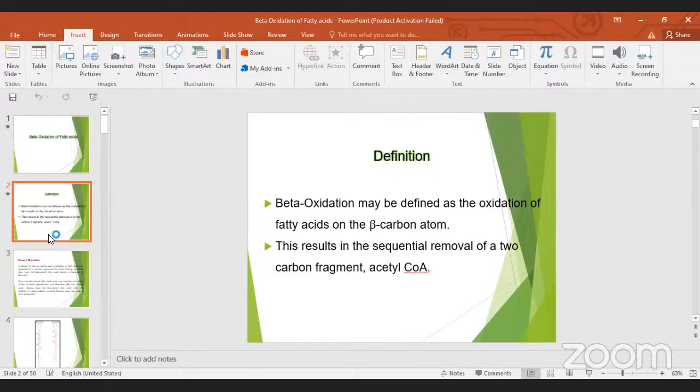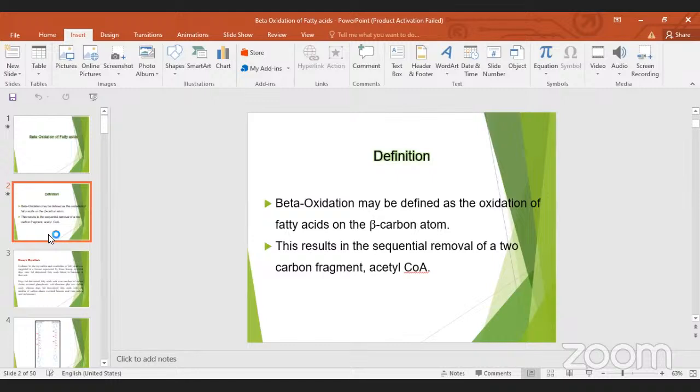You can observe this removal in sequence, two carbon fragments. In this process, the two carbon fragments are present as acyl coenzyme A.